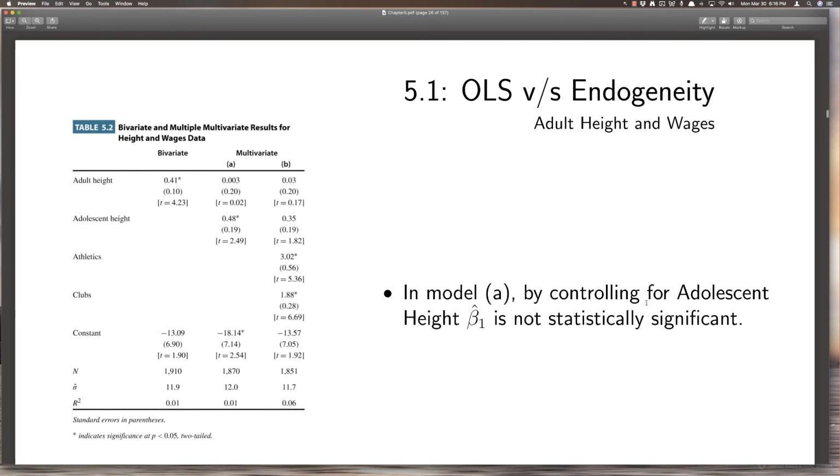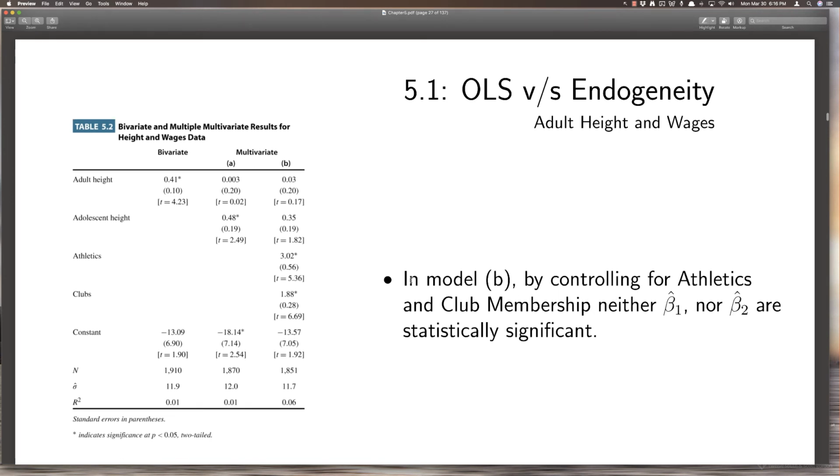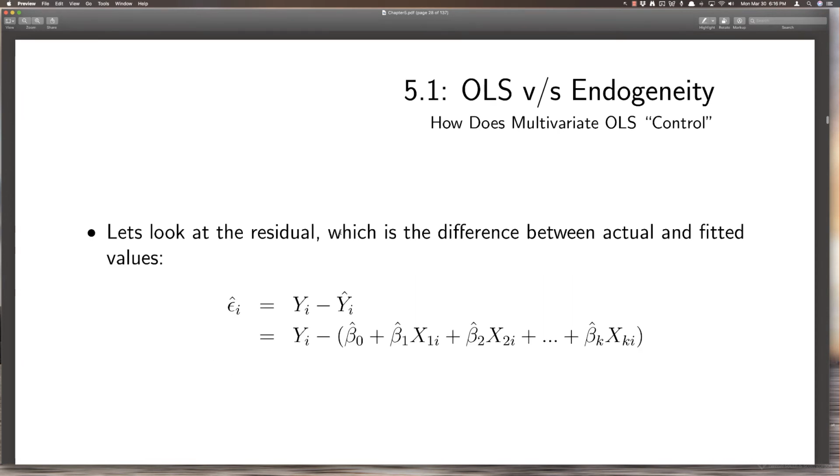So in Model B, by controlling for athletics and club membership, neither beta 1 nor beta 2 are statistically significant. But again, we don't really care that much about beta 2. We're not going to be interpreting it. It's just there to get us a good estimate of beta 1.